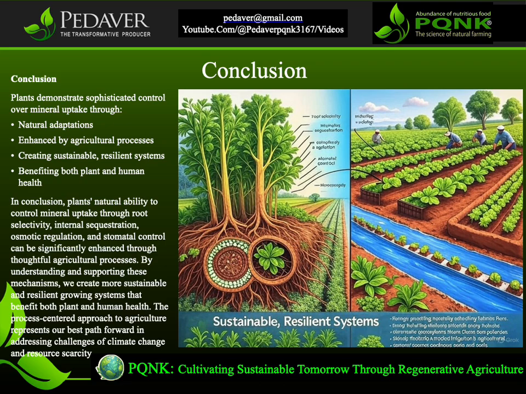In conclusion, plants' natural ability to control mineral uptake through root selectivity, internal sequestration, osmotic regulation, and stomatal control can be significantly enhanced through thoughtful agricultural processes. By understanding and supporting these mechanisms, we create more sustainable and resilient growing systems that benefit both plant and human health. The process-centered approach to agriculture represents our best path forward in addressing challenges of climate change and resource scarcity.